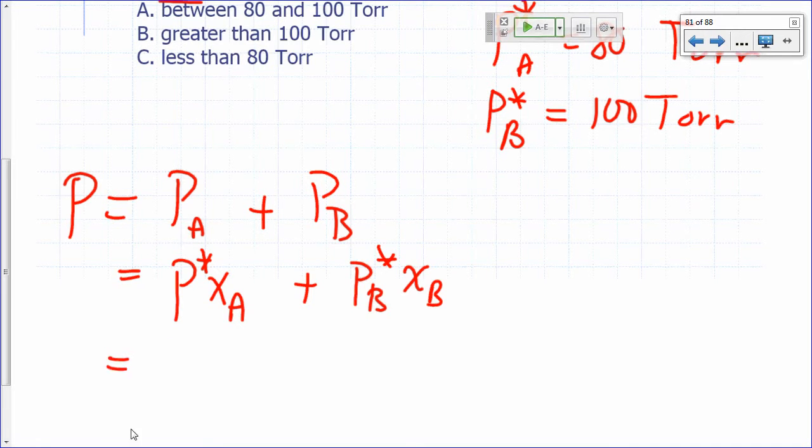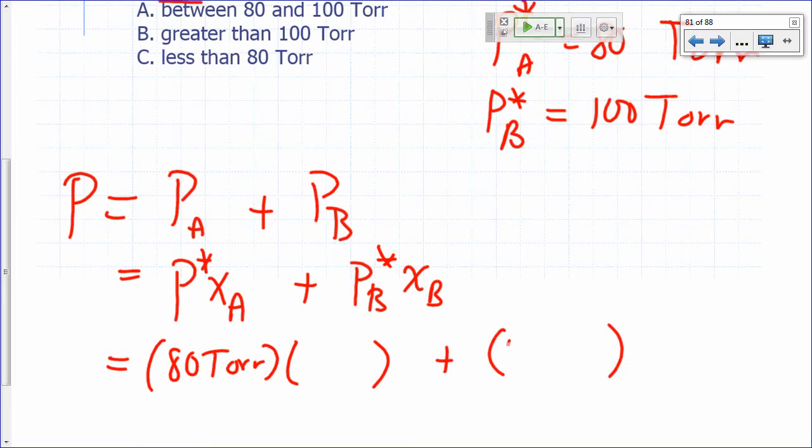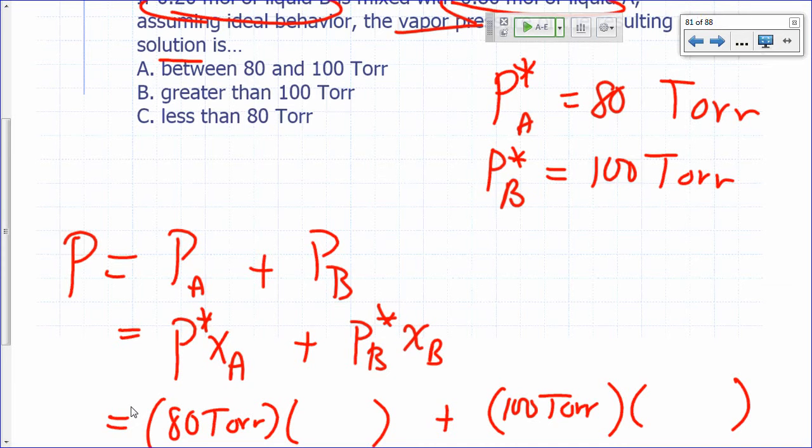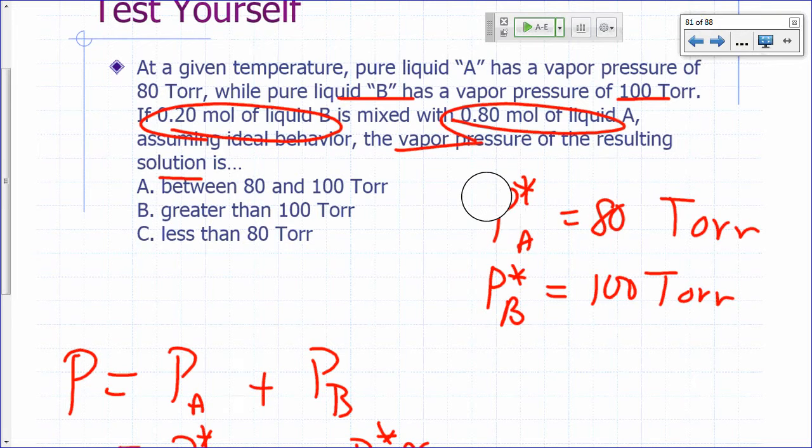So this is going to be P star A is what? 80 torr times mole fraction of A plus P star B, which is 100 torr times mole fraction of B. How do we solve for the mole fractions? Formula for mole fraction?